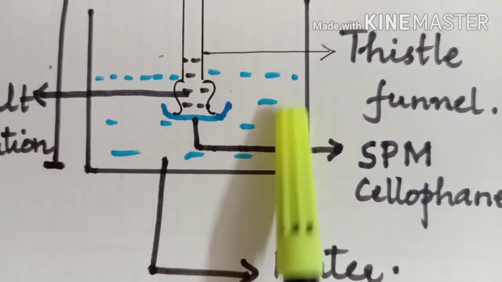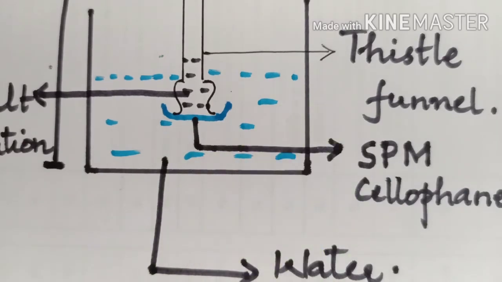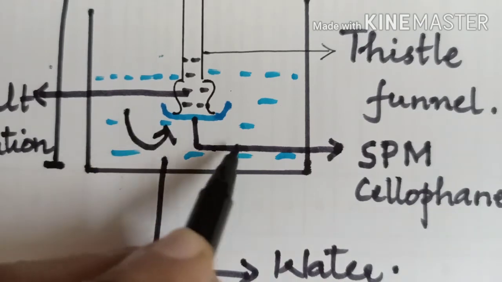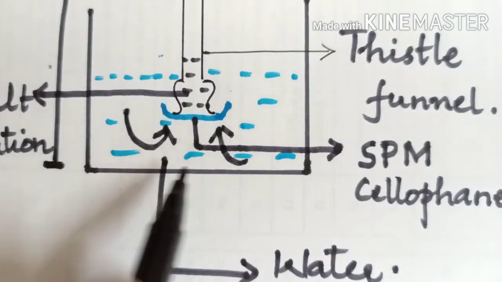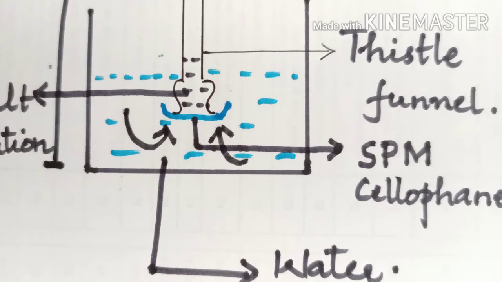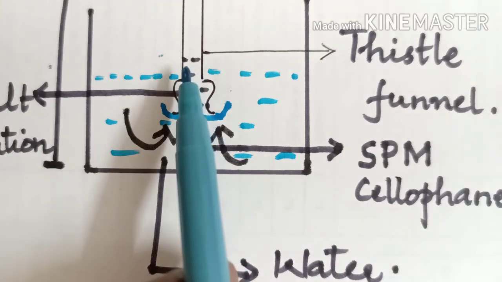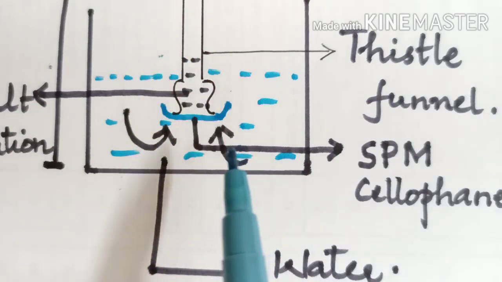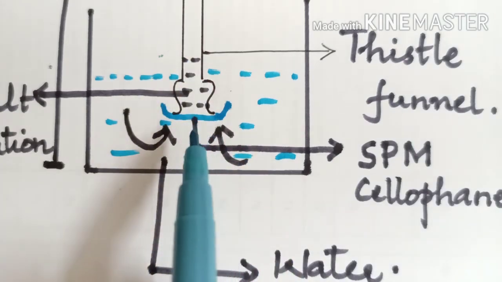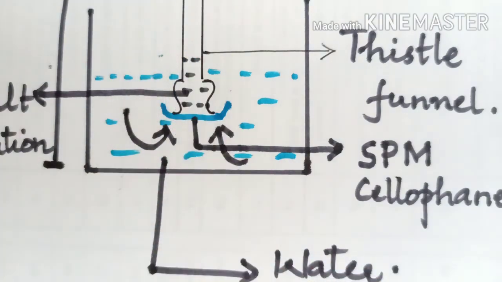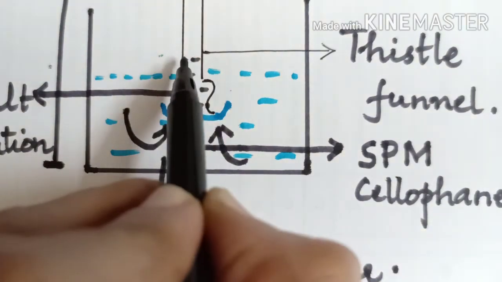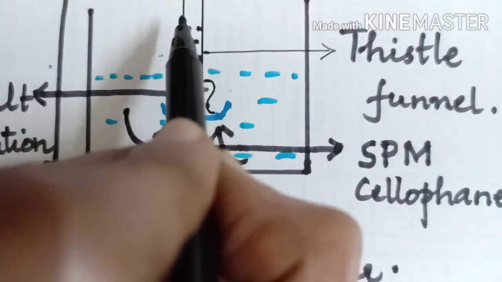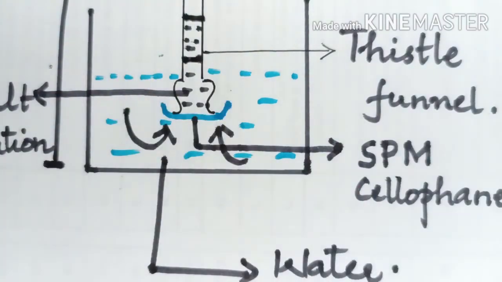So solvent concentration is more outside, and the water molecules start gushing in through the semi-permeable membrane. With the result, this was the initial level of the salt solution before osmosis, and after osmosis the level of salt solution will rise up.